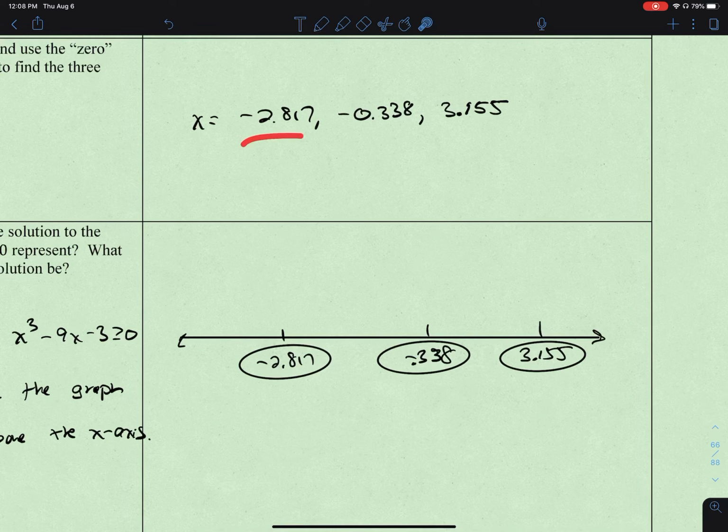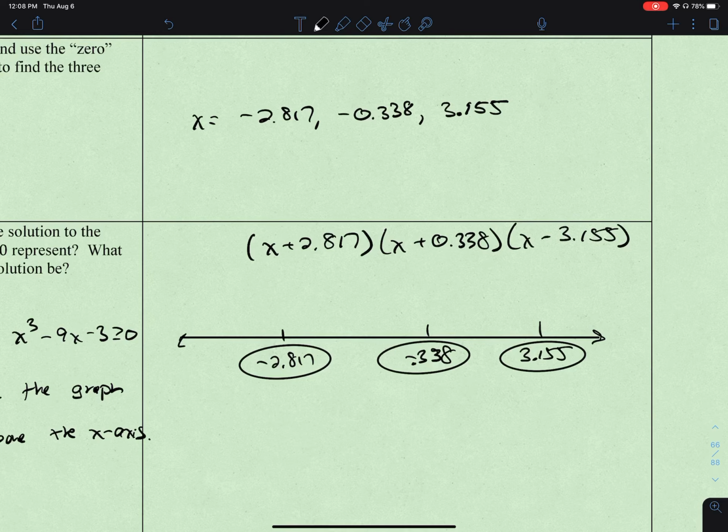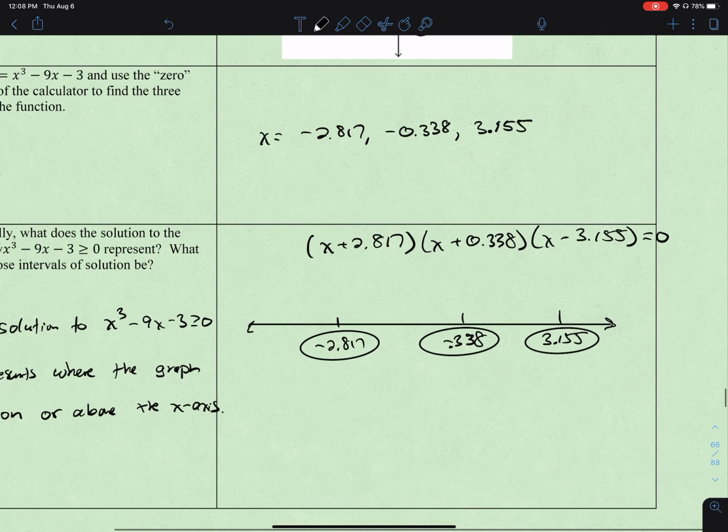If I know these are the x-intercepts, in factored form, this would look something like x plus 2.817, x plus 0.338, and x minus 3.155. So if I pick test points in here, like a -10 and a -1 and a 0 and a 10, and I plug this into this, here's what we would find.